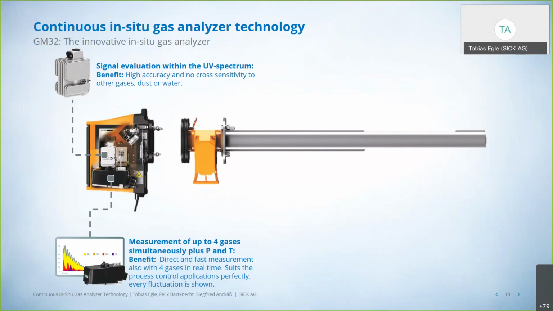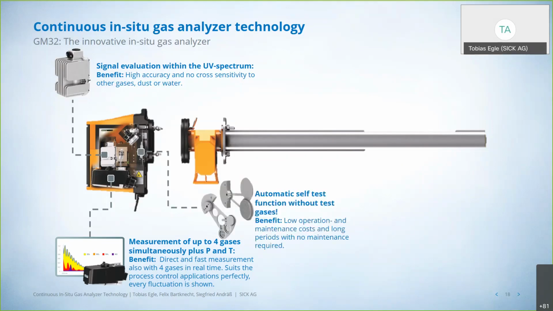This gives you up to 4 gases in real time, which is perfect for process control like SCR. In addition, to keep your maintenance costs low, as I mentioned before, we have integrated filters which are approved by German TÜV and MCerts, so you can do your zero and span check without any test gases. So as well, low maintenance costs.